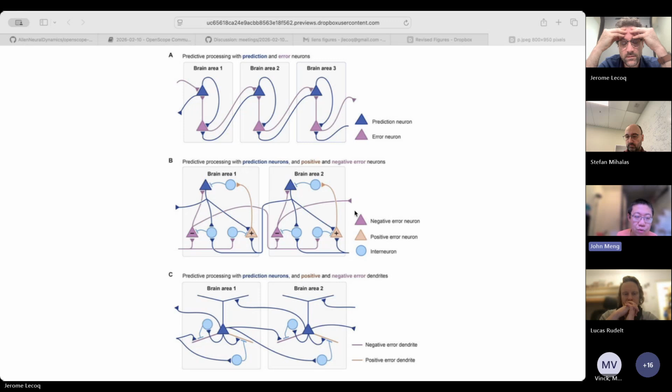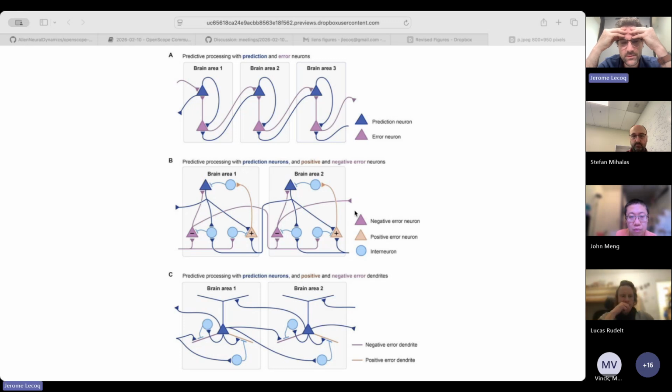And then we can also include the current panel C as a new subpanel of B, suggesting dendritic implementation is another way to implement that. But these three are all supposed to be local connections, so local implementation.